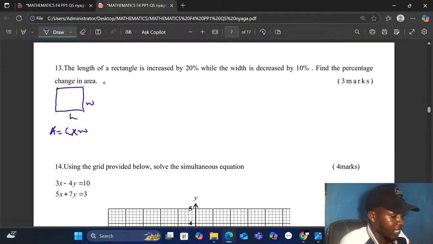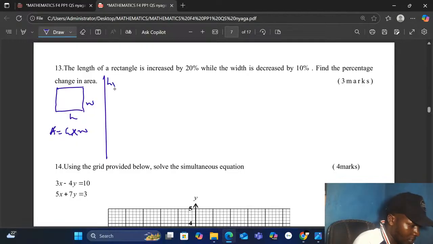We know that the area is length times width. You can have L1 equal to 1.2, that is 120%. So we assume it's 1, so 1 plus 20%, it will be 1.2, the length.